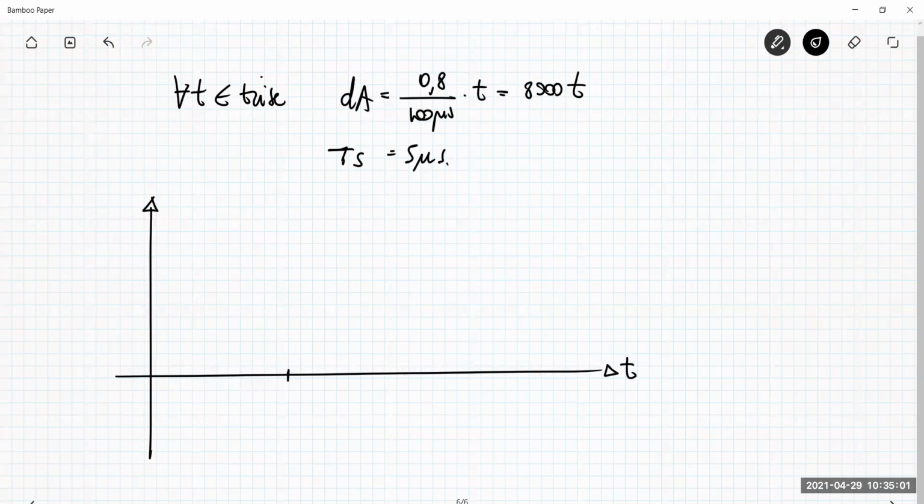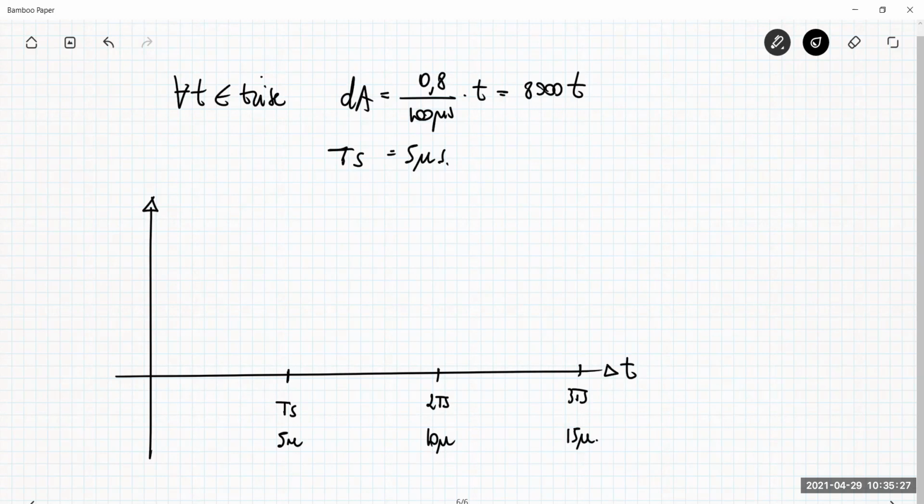Supposing that this is the first TS, then I have 2 times TS, 3 times TS. So this is 5 microseconds, 10 microseconds, and say 15 microseconds. Each of these intervals is a switching period.